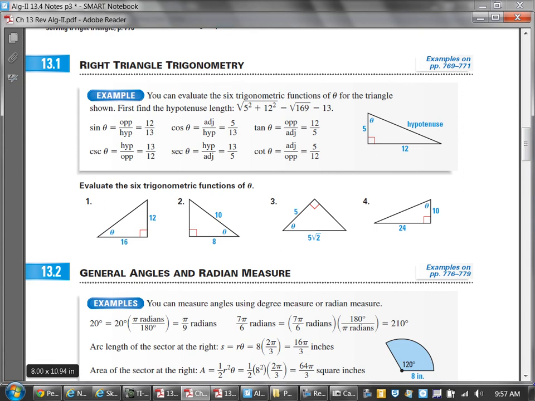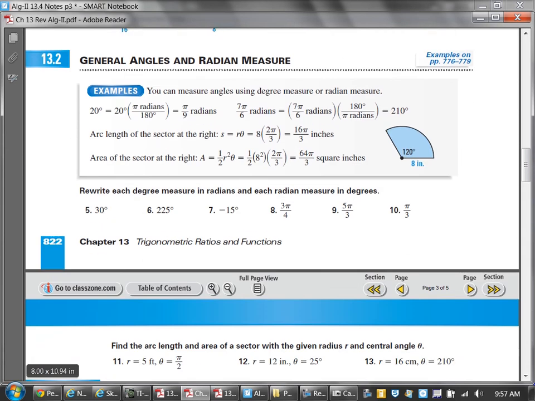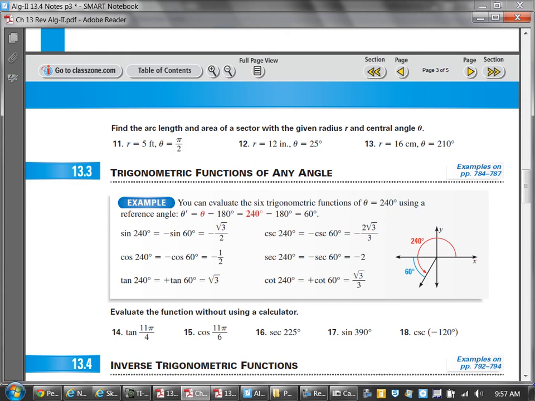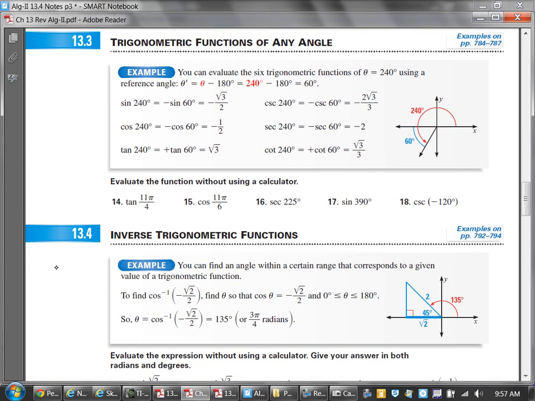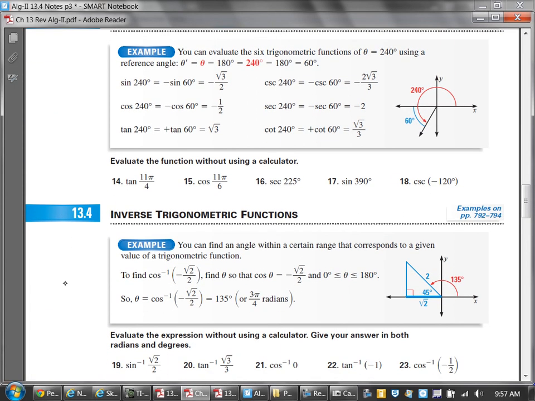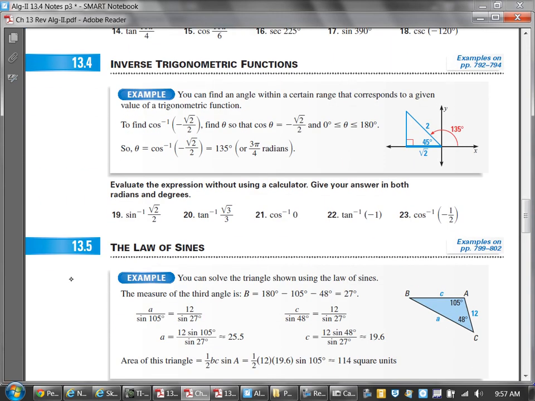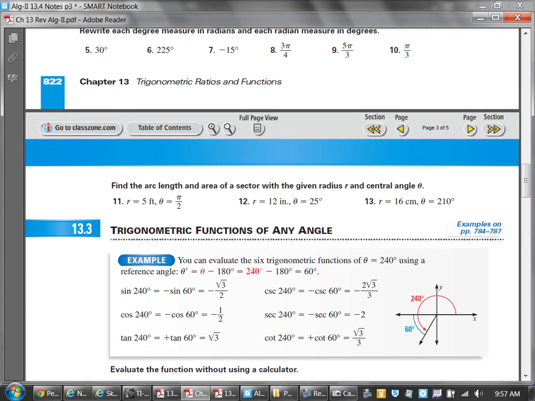We talked about the 6 trig functions. If I give you a triangle, you should be able to generate the 6 trig functions from the triangle, just by writing it out. Also, when you get into 13.2, there's your radians to degrees, degrees to radians, arc length, trig functions of adding angles, evaluate without a calculator, stuff we've been working on, inverses, stuff we've been working on. That was the stuff we did.